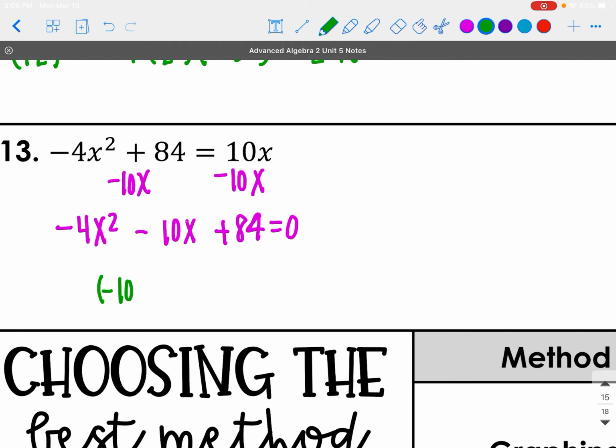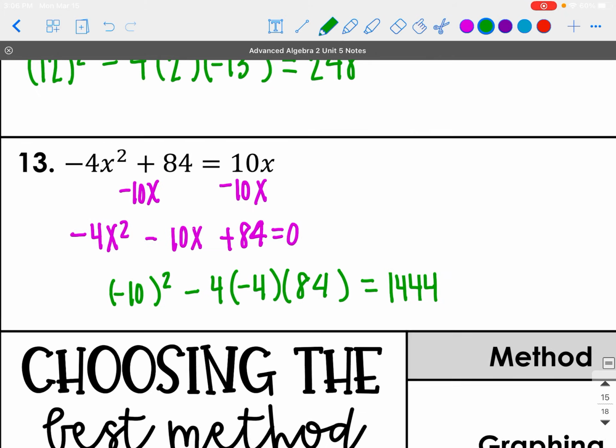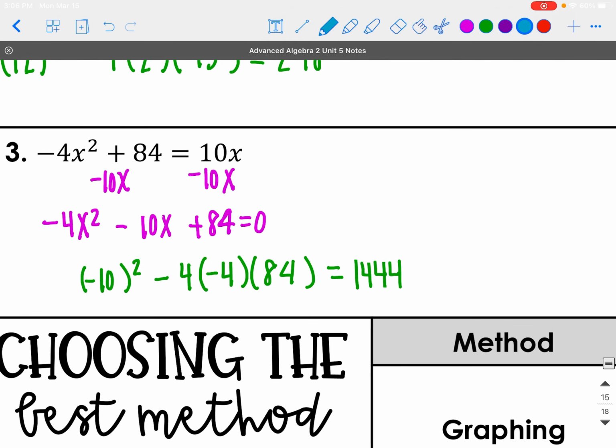So we have negative 10 squared minus 4 times negative 4 times 84. And you get 1,444. That is a perfect square, which means we have two rational solutions.